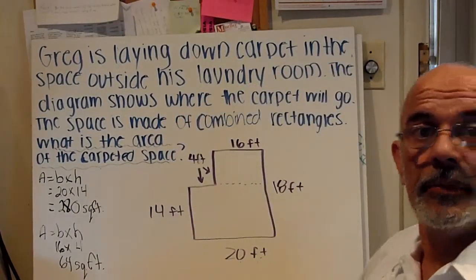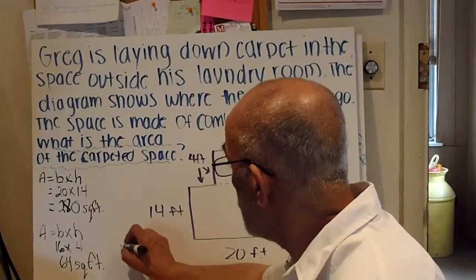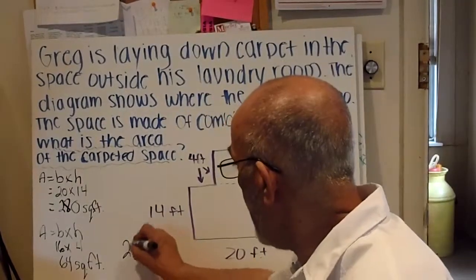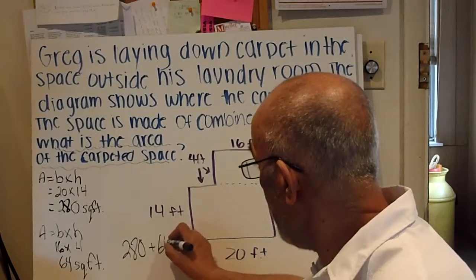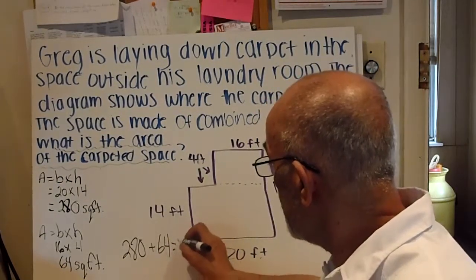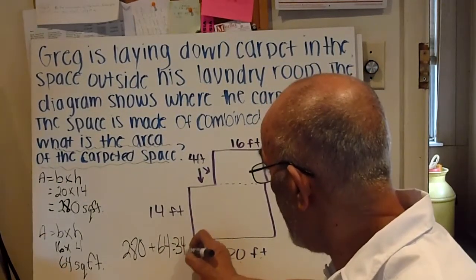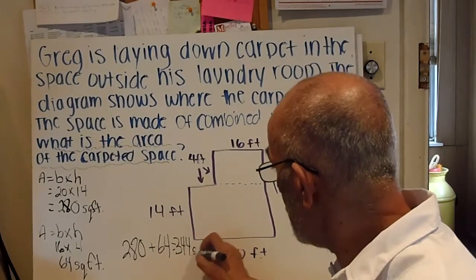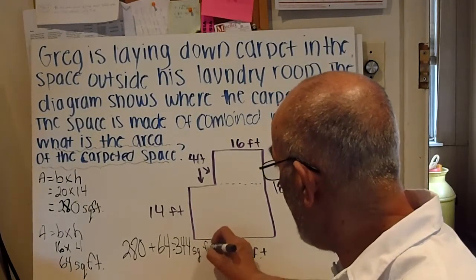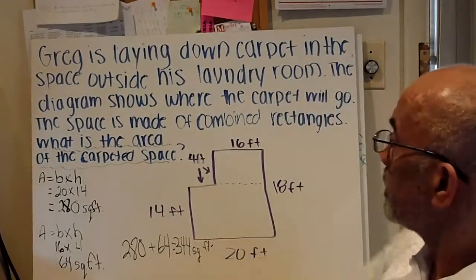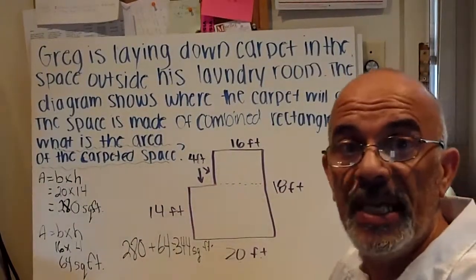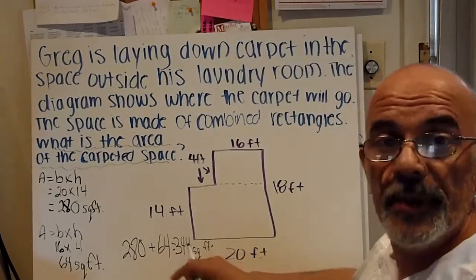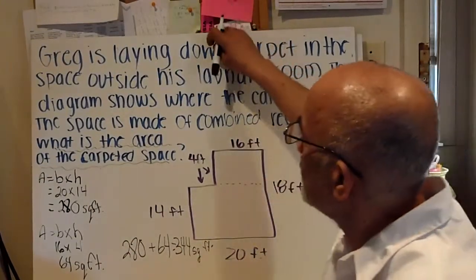Now what do we do? We add them together. 280 plus 64, 344 square feet. What is the area to be carpeted? The area to be carpeted is 344 square feet.